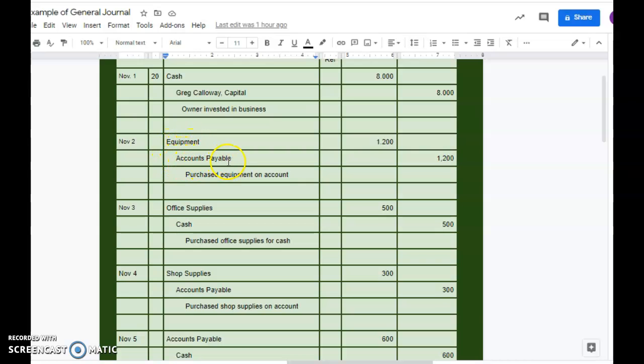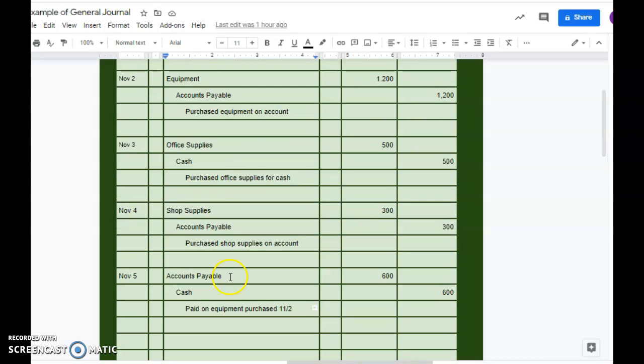We credited accounts payable because we bought it on account and we will pay for it later. The next one, purchased office supplies for cash, and we debited office supplies and credited cash. Now remember, each of these, cash is an asset and we're increasing it, so we debit it. Equipment is an asset and we were increasing it, so we debit it. And office supplies is an asset, so we increased it and we're debiting it.